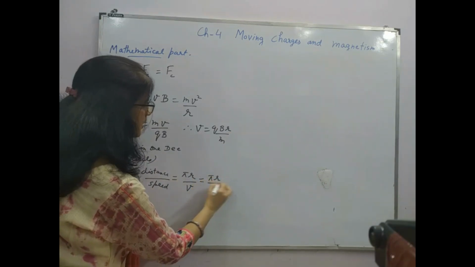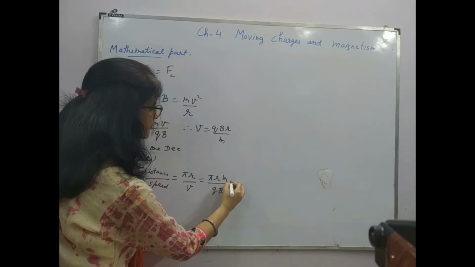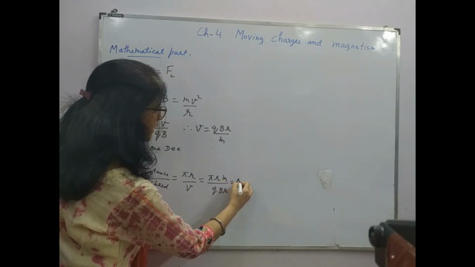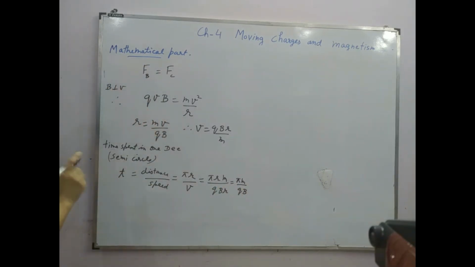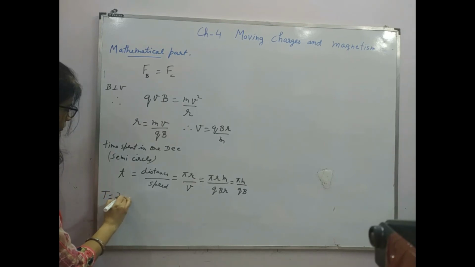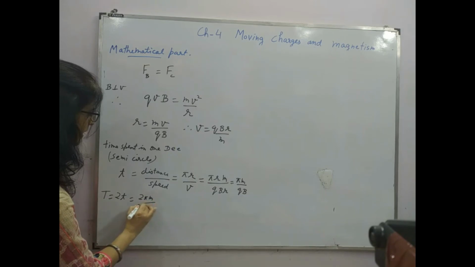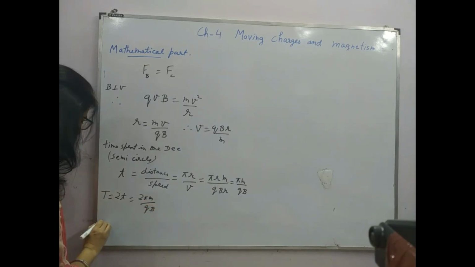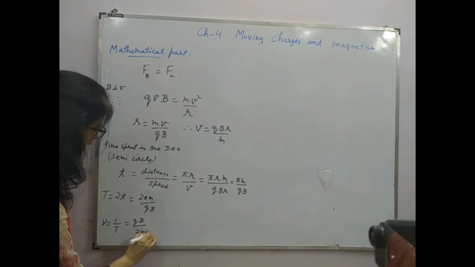So this is pi r upon QBr upon m, which gives me pi m by QB. The total time spent in one circular path will be 2 times t, so this will be 2 pi m by QB. And frequency will be 1 upon time period, so this will be QB upon 2 pi m.